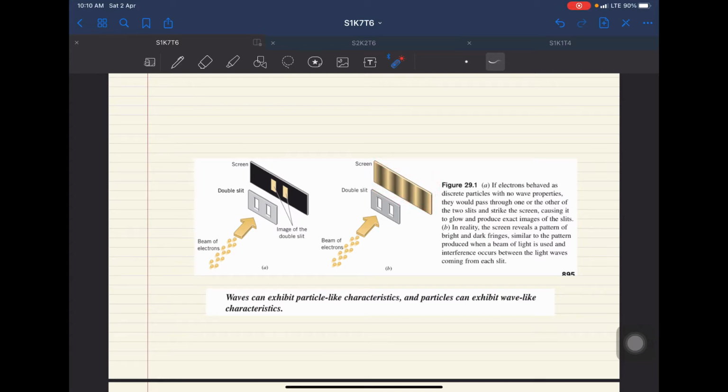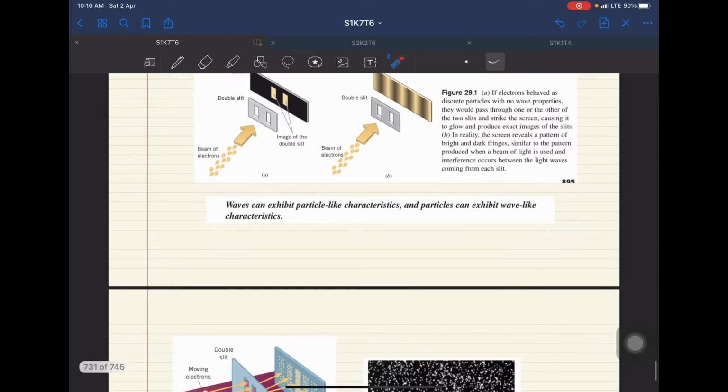This shows that even though electrons are particles, they behave like a wave. That's why you have wave particle duality, where waves can exhibit particle-like characteristics and particles can exhibit wave-like characteristics. A particle can behave like a wave at one time and like a particle at another time, but not at the same time. It can interchange.